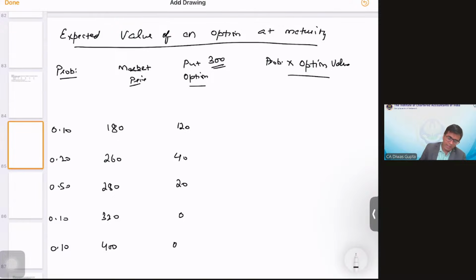Now in the next part, we will multiply the probability into the option payoffs. Correct? So this is 12, 0.20 into 40, which is 8, 0.50 into 20, which is equal to 10, dash and then dash, right?